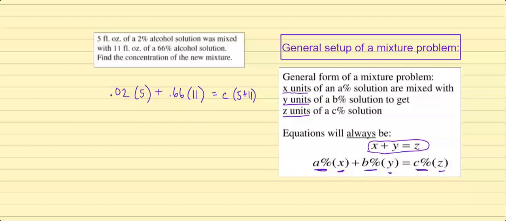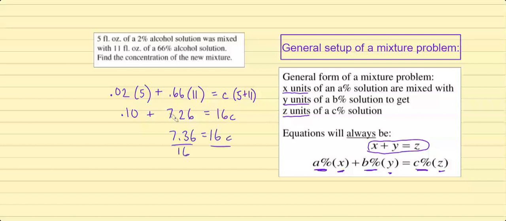So let's multiply this out. This would be 0.10 plus 11 times 0.66, which is 7.26, and that equals 16C. So we combine the 0.10 and the 7.26, and we get 7.36 equals 16C.